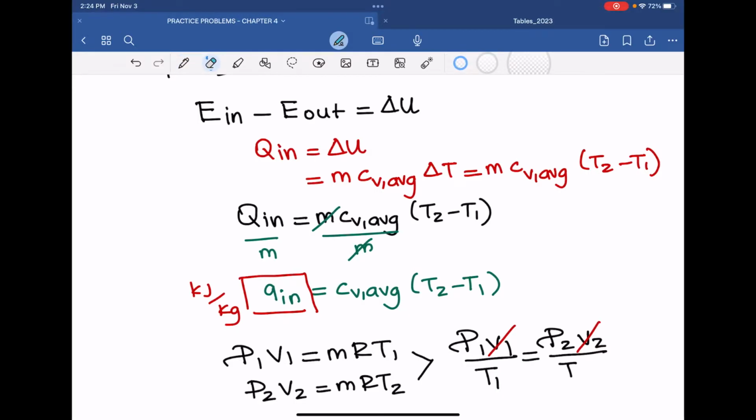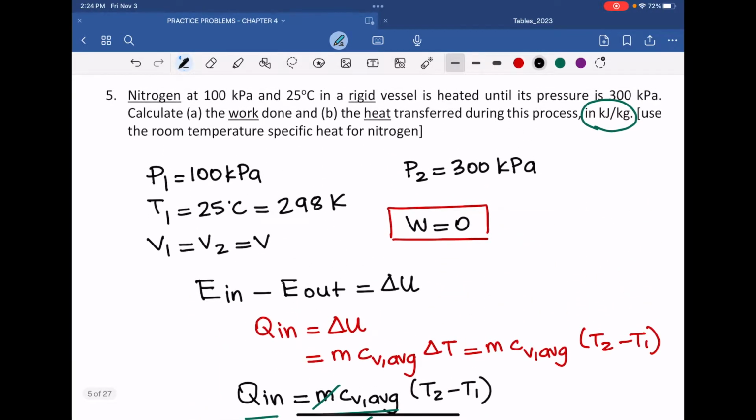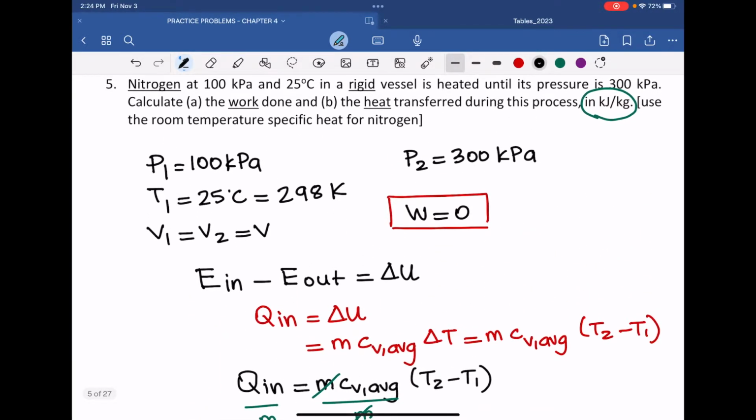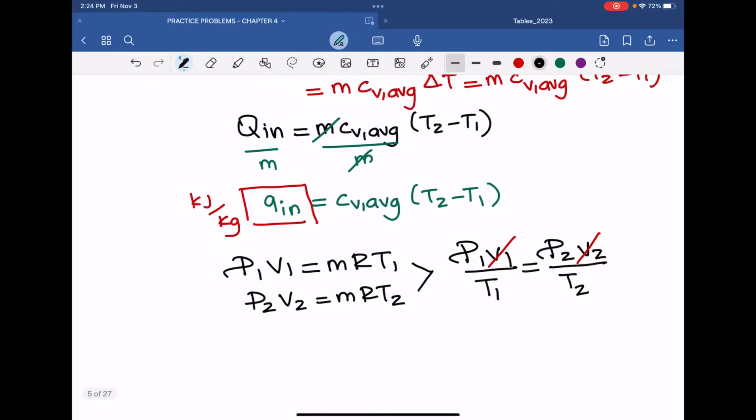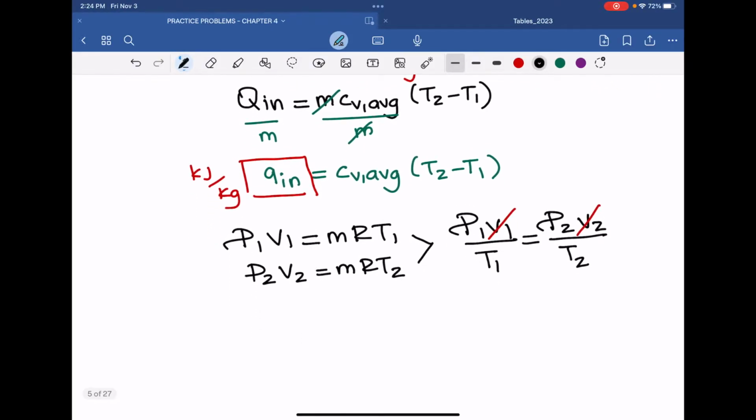If there's a chance where I know everything except T2 here, then I should be able to calculate T2. Let's look at it. We know pressure 1, pressure 2, and T1. That's very good, and that should help me calculate the second state temperature.